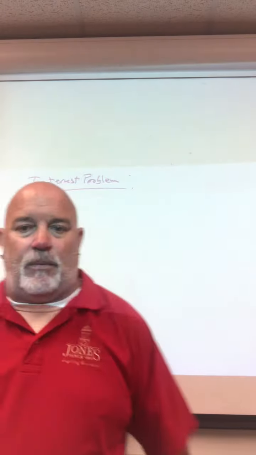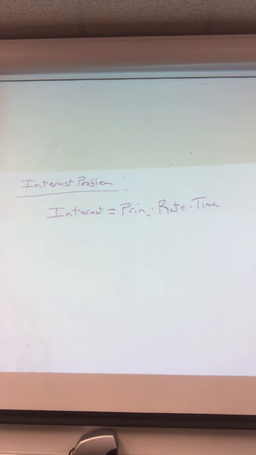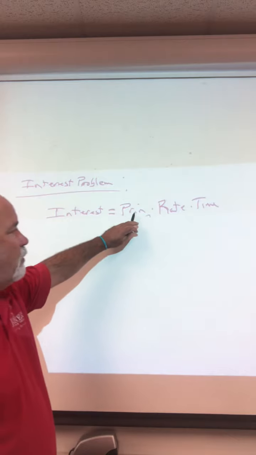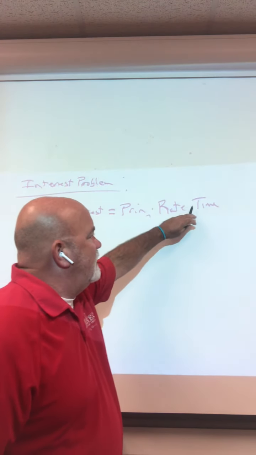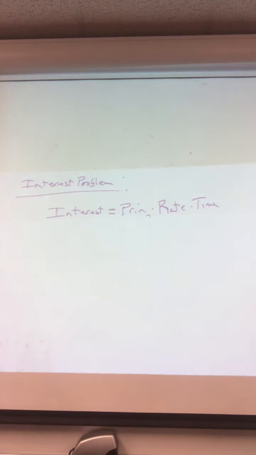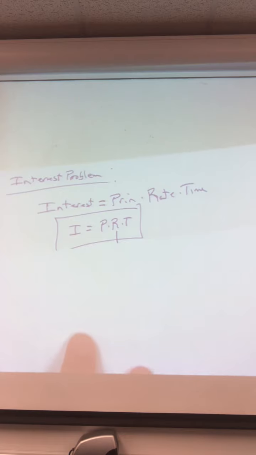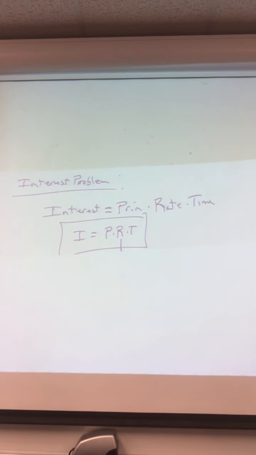Call them interest problems in geometry. And it involves a formula, and here is the formula. Interest is equal to principal times rate times time. Interest equal to principal times rate times time. Now, you probably just remember it this way. I is equal to PRT.